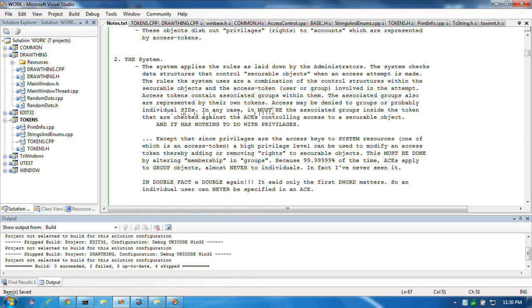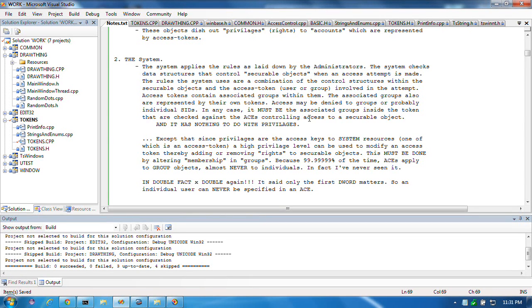Now here I am explaining that access can be denied to groups or probably individual SIDs. I'm going to scratch that out in a minute. But it must be something associated with the groups inside the token that's checked against.